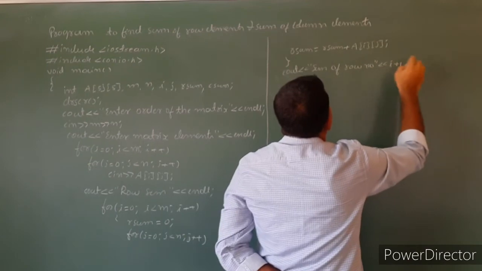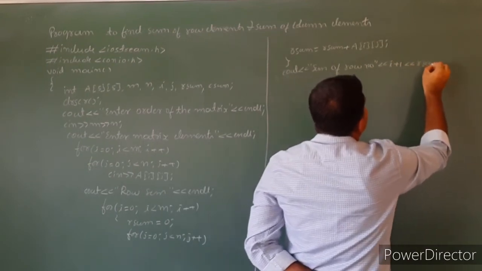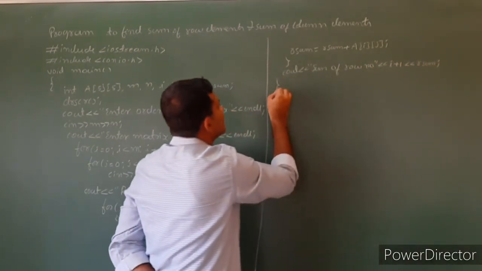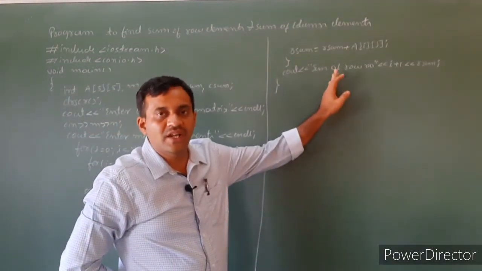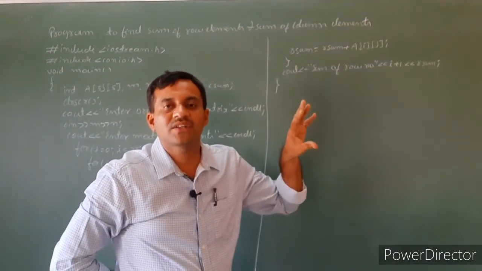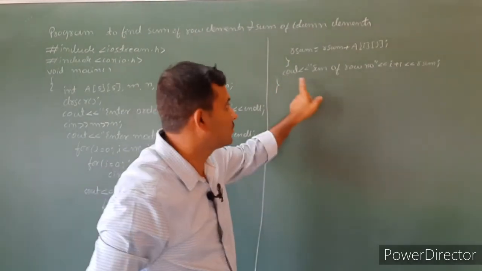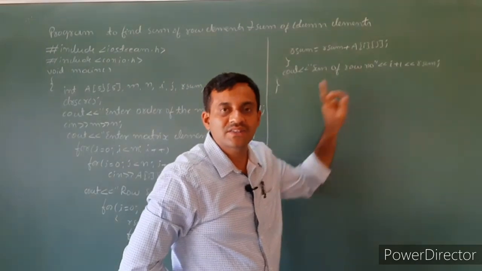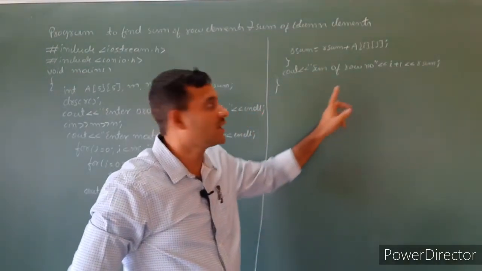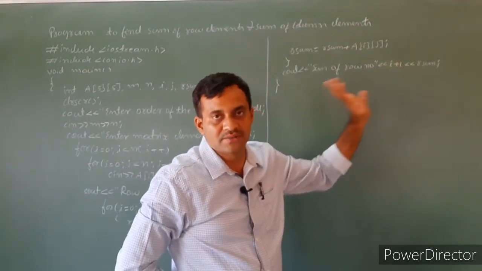Just print the sum, then close the outer for loop. Why here i plus 1? i starts from 0, so here it is i plus 1.